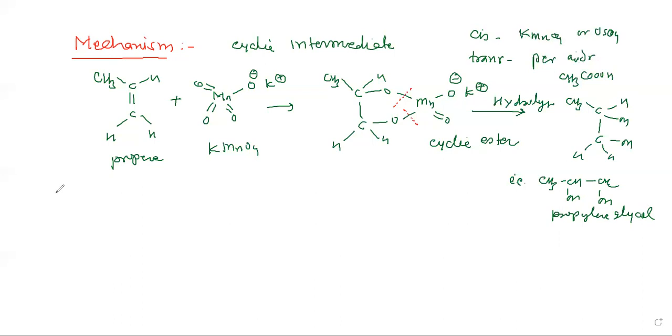Then we can write the mechanism by using another reagent, osmium tetroxide. For this, we will take the example of the alkene ethylene plus osmium tetroxide, OsO4.